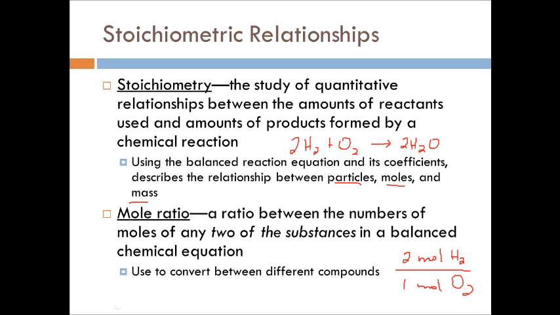The reason we have these is to help convert between the different compounds, which again is a central idea of stoichiometry. We want to quantify how much product we make from a reactant, or how much reactant is needed to make a product. So let's look at some different types of conversions.